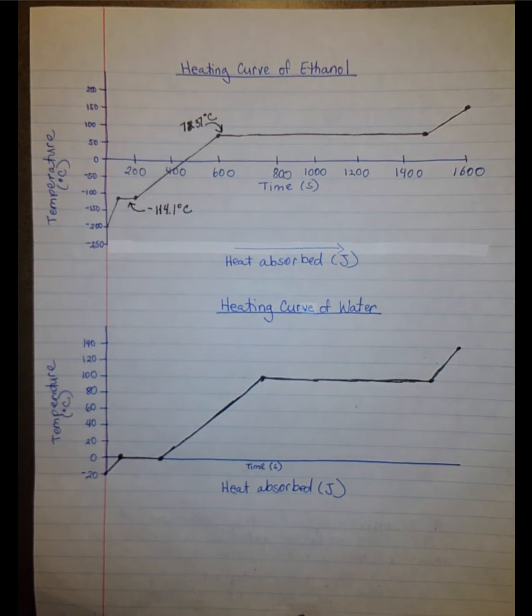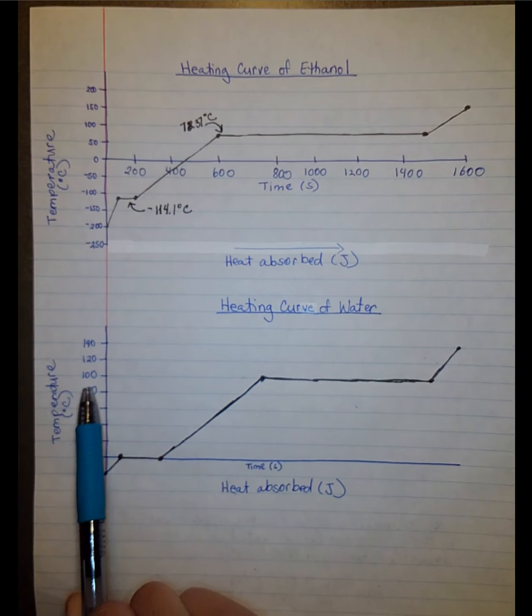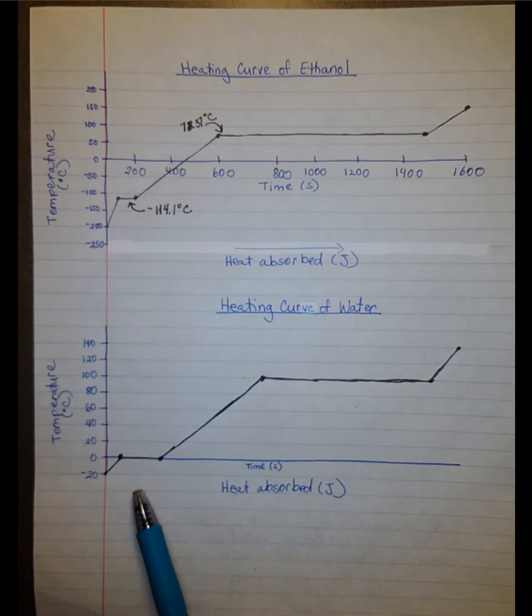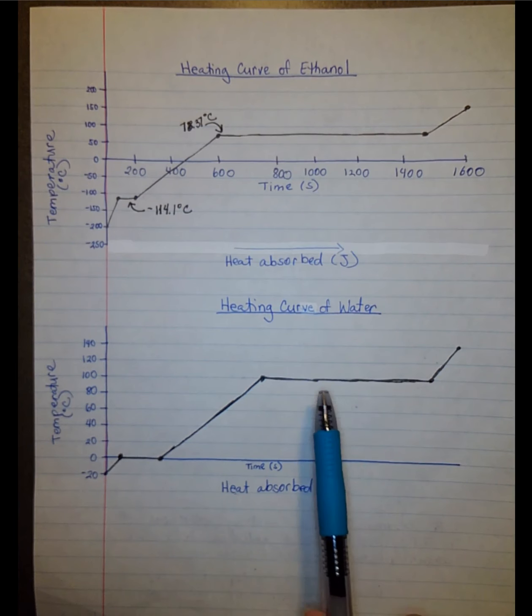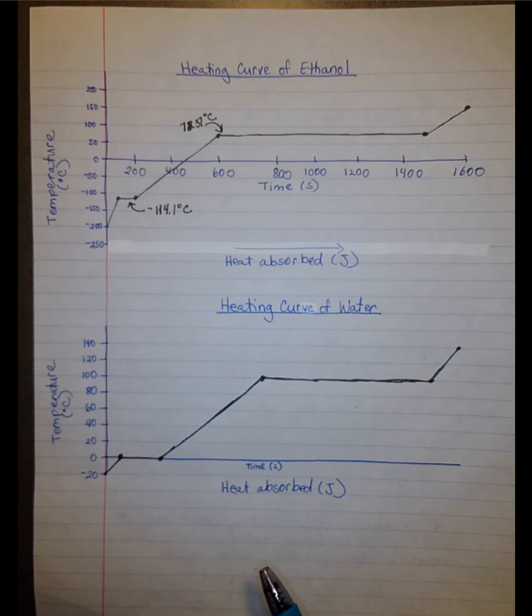So if you look at this very quickly, looking at the two curves right here, you know exactly what the second curve is. You can identify the substance because 0 degrees Celsius is where the first plateau goes, and then the second plateau is at 100 degrees Celsius. So you can quickly identify this as a heating curve of water.